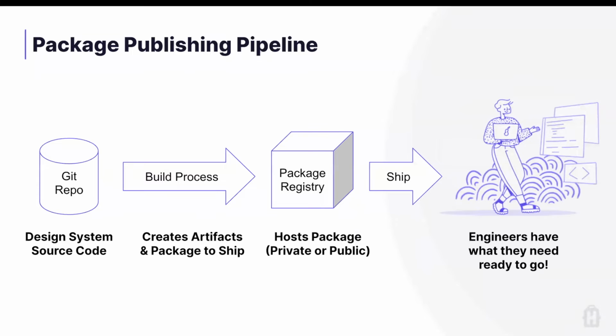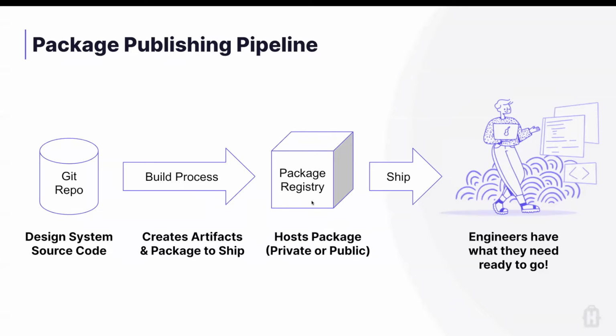Package publishing pipeline. This is the general flow that we see in engineering workflows. There's always a Git repository, and that could be GitHub, GitLab, Bitbucket, and that's where the design system source code lives. There's a build process that usually runs during the CI/CD process, and that is basically anytime code is merged into the main branch, that creates artifacts for us, which we're able to package up into our NPM packages.